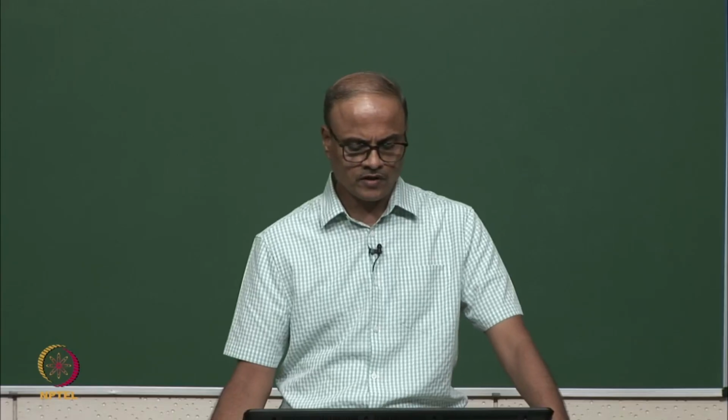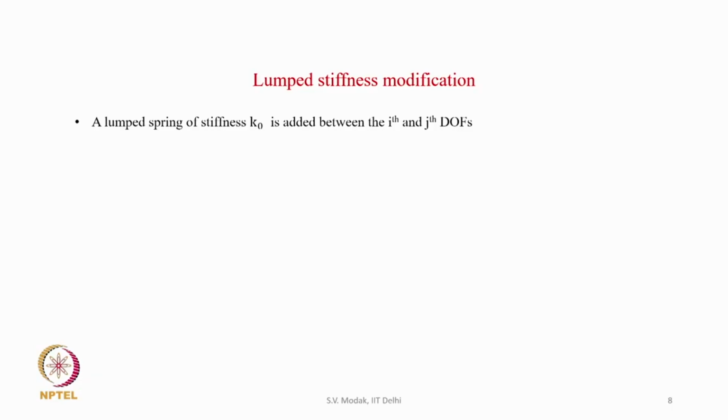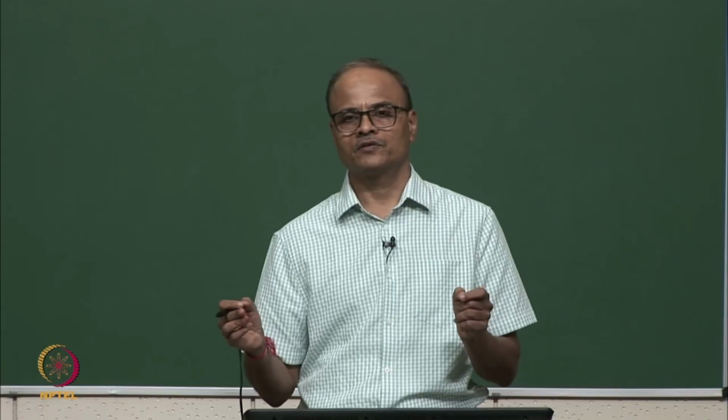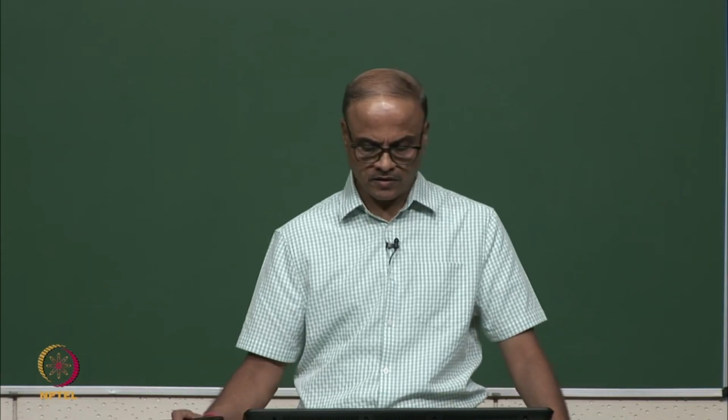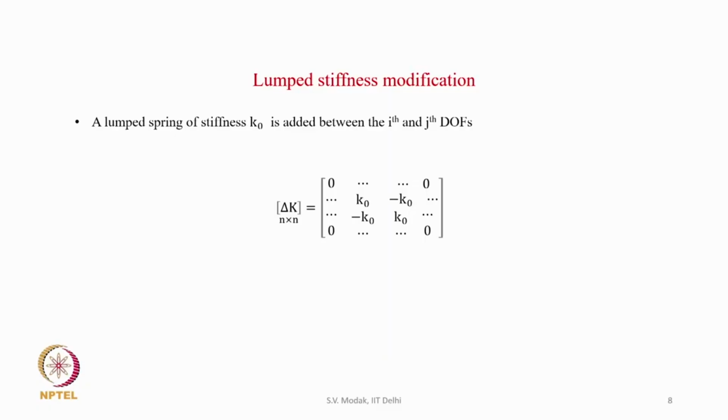Let us now look at lump stiffness modification. Lump stiffness modification involves adding a lump spring of stiffness, say k naught, between the ith and jth DOFs. So, between the ith and jth measured DOFs, lump stiffness k naught is added. What will be the delta k matrix for this modification? This is the delta k matrix.